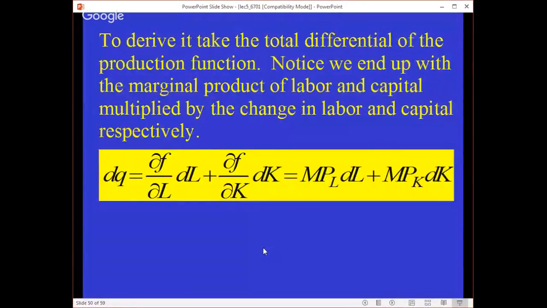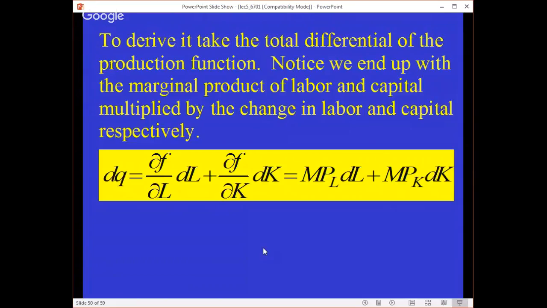Since I want to stay on the same indifference curve, in other words, production doesn't change. I'm sorry, I said indifference curve. Not what I meant. Isoquant. I want to stay on the same isoquant, right? What that means is my change in quantity that I produce is 0.